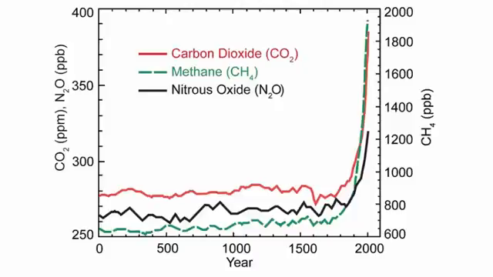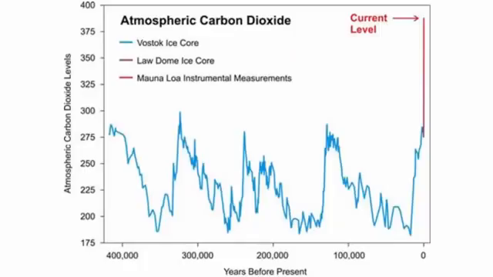This graph shows the levels of carbon dioxide, methane, and nitrous oxides in Earth's atmosphere over the past 2,000 years. Notice the large jump after 1750, coincident with the start of the Industrial Revolution and the burning of fossil fuels. This next graph shows atmospheric carbon dioxide levels over the past 500,000 years, during which there have been a number of ice ages.